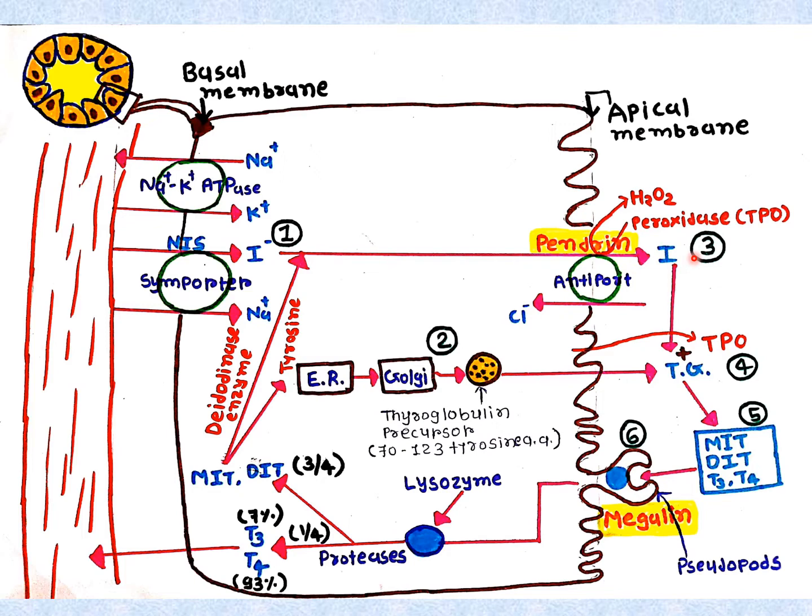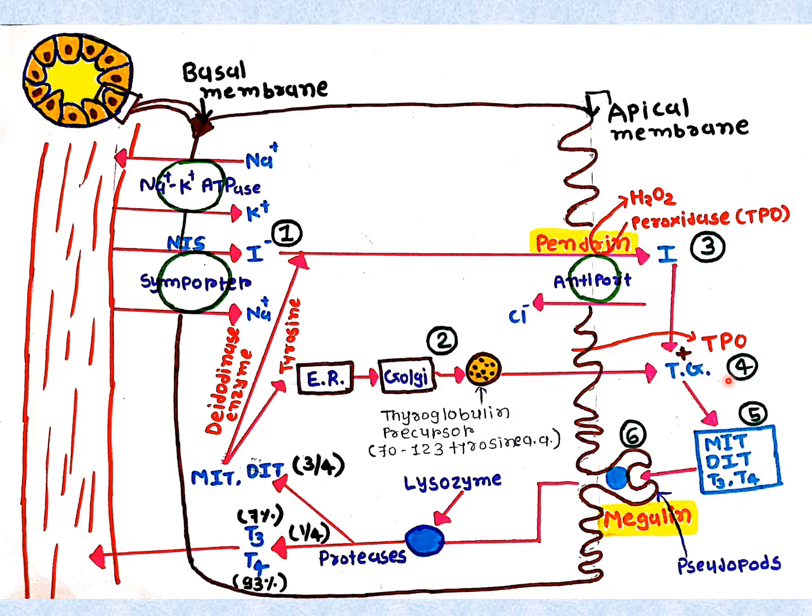The presence of pendrin protein helps in this process of chloride iodide antiport. We require H2O2 as well. Now the next step is the organification of thyroglobulin: simply the iodination of the tyrosine amino acid and formation of the thyroid hormone.